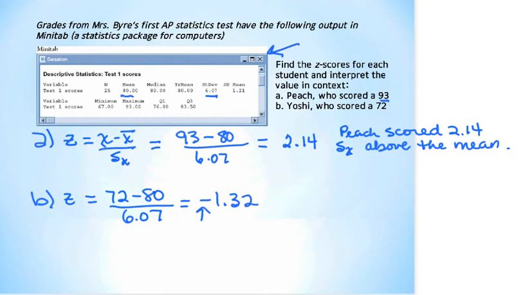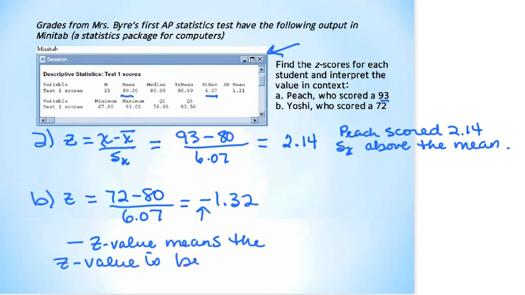It just indicates that it is below the mean. I know that seems obvious, but I have to say it. So that's a negative z-value.